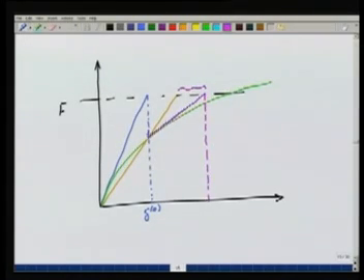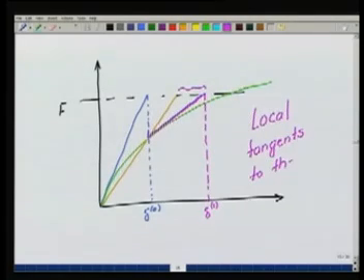So instead of taking this line, I took the local tangent at this point, and I went along the local tangent and I got this solution. If this is my delta 1, you see that I am very quickly very close to the exact solution of the problem. This kind of approach where I use local tangents to the curve is called the Newton-Raphson method.